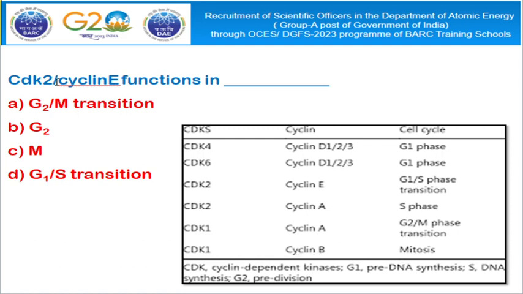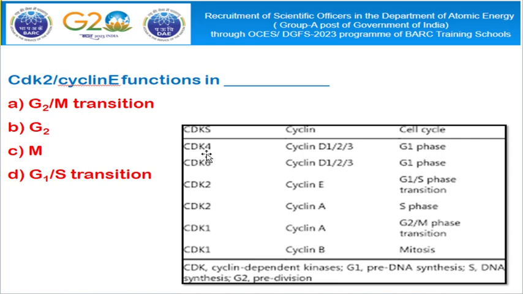Here I am asking where CDK2 and cyclin E function. CDK2 and cyclin E function in the G1 to S phase transition, whereas CDK1 and cyclin A are responsible for the G2 to M phase transition. You should note that.